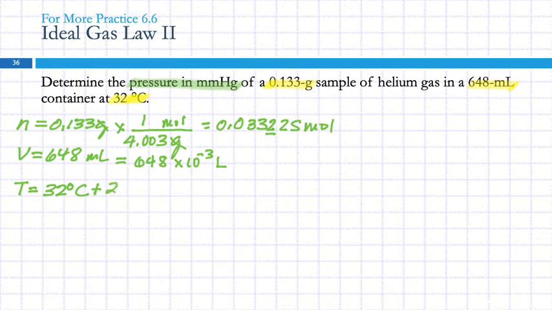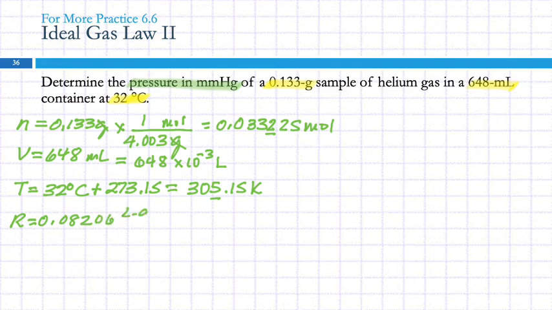Celsius doesn't work either. So convert that. 305.15 Kelvin. R, 0.08206 liters atmospheres per mole Kelvin.